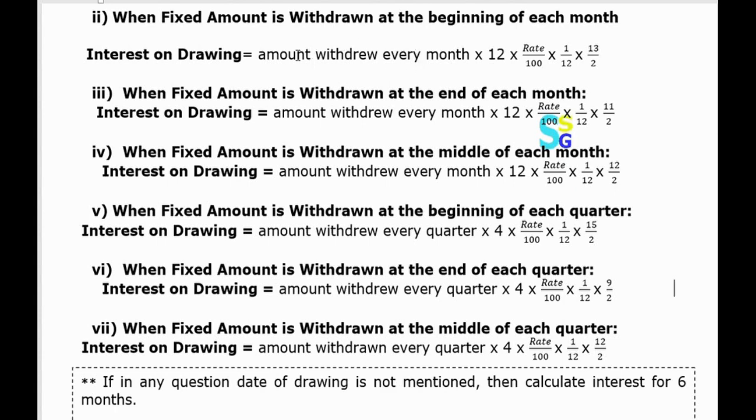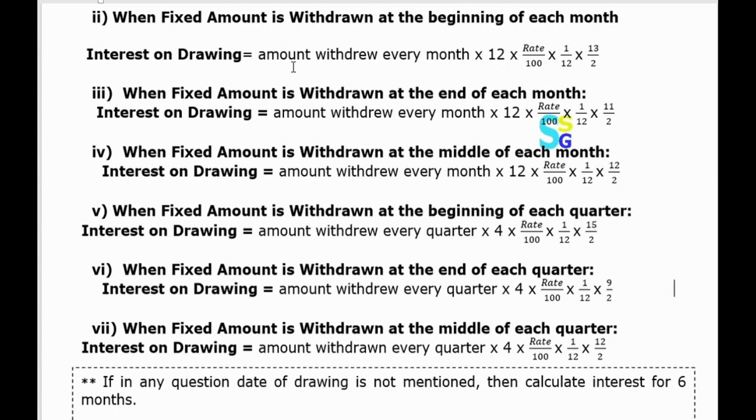We can reduce those figures by division and then easily multiply. So keep this in mind. If the monthly drawing is given in the question, then it is always better to write down the amount withdrawn per month into 12 if it has been done for the whole year.